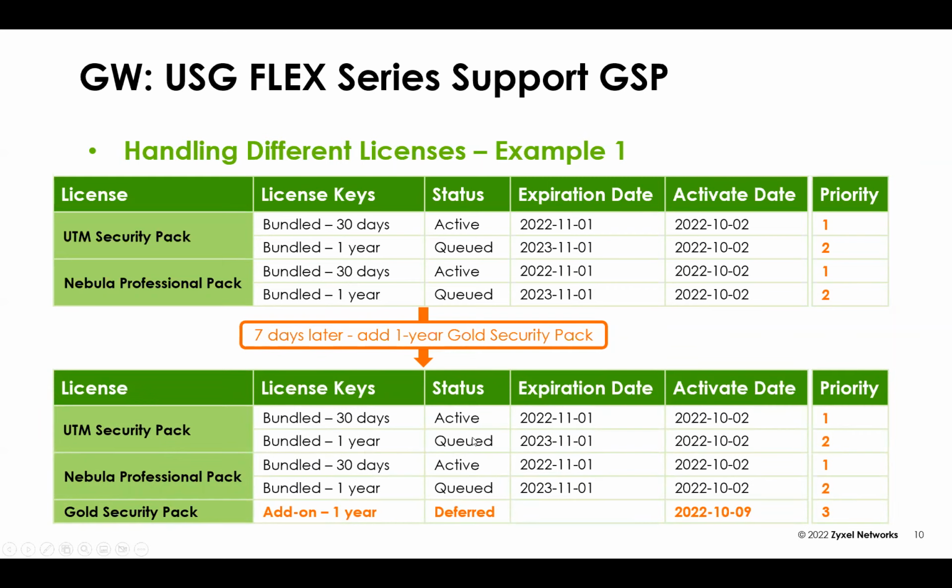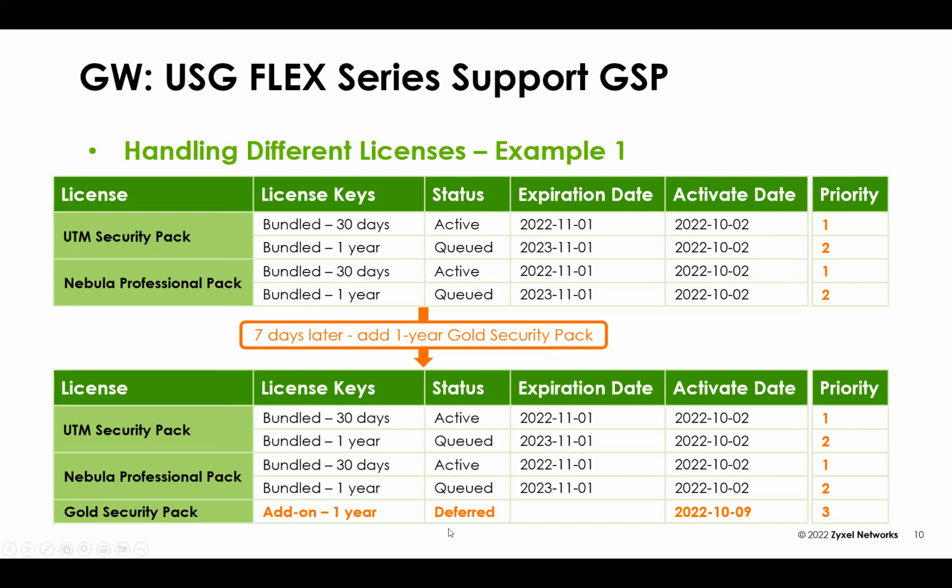Your bundled 1-year license is queued, meaning that it will activate once the 30-day trial is over. However, you've added on a Gold Security Pack and it's been deferred until 1 year later because it has a priority of 3.